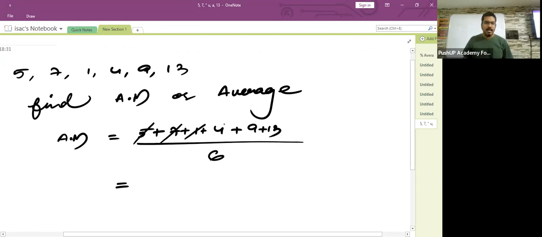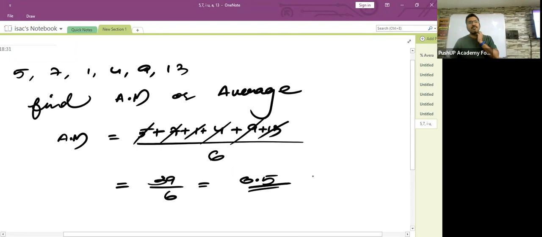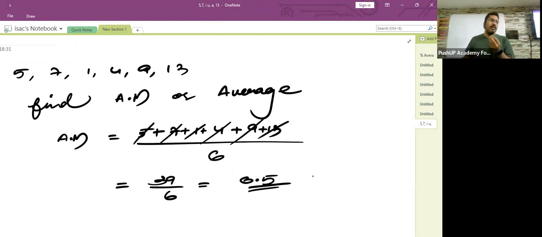Plus 1, 13. 17, 20, 26, and then 39. 39 divided by 6. How much is 39 divided by 6? 6.5, isn't it? So the average is 6.5. Always remember, children, the average can be any positive real number.